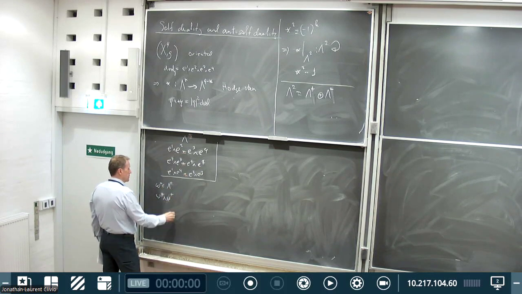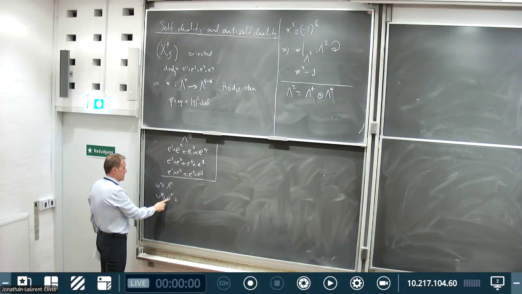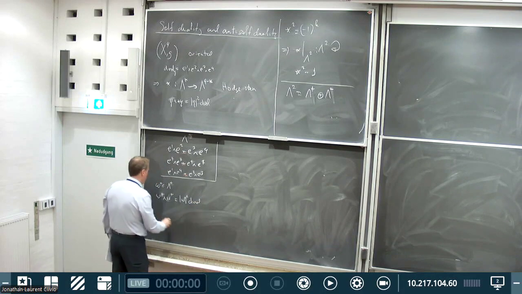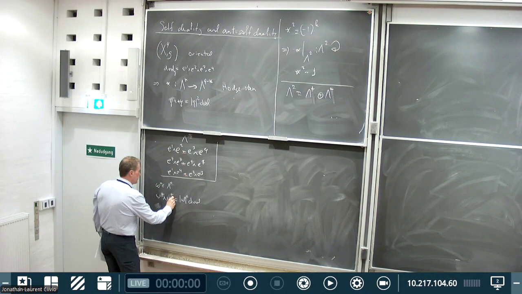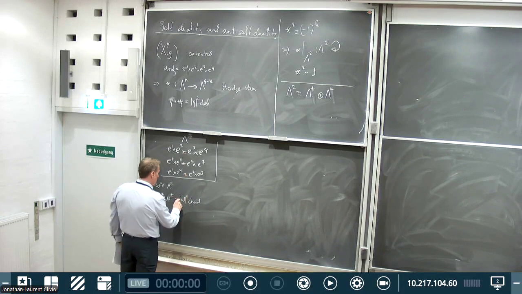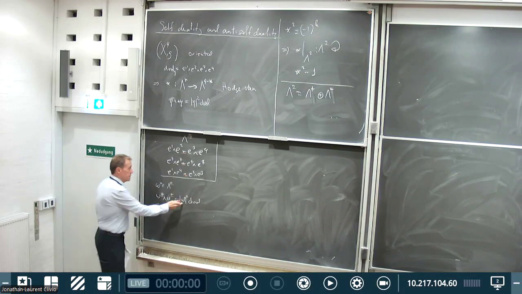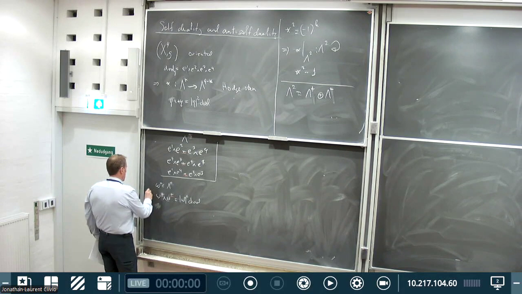The wedge product of this with itself, with this definition, since it's fixed by star, gives the length of omega plus squared times the volume form. If instead I put in a minus sign, then I get negative the length squared times the volume. So that's one useful fact.